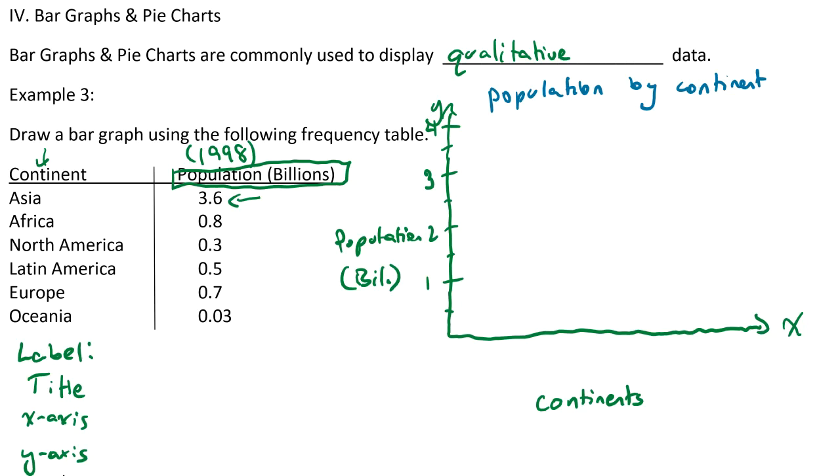On the x-axis, those are our continents. So we're going to have Asia. Next is Africa. Next is North America. Then Latin America.